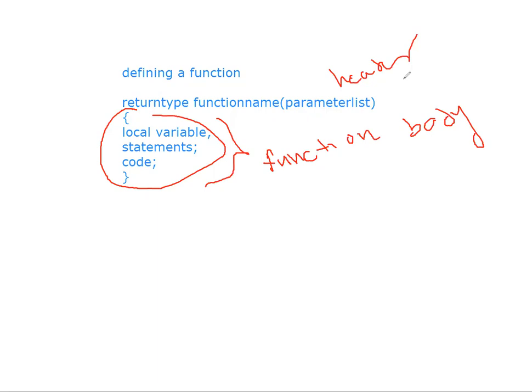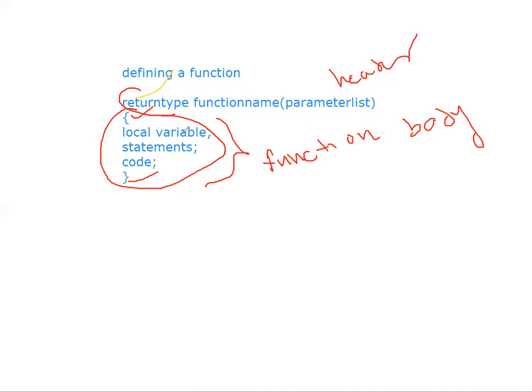And the statements within curly braces are called the function body. Flower brackets, like curly braces, are called the function body. Next one is return type. What is return type here? A function may return a value.